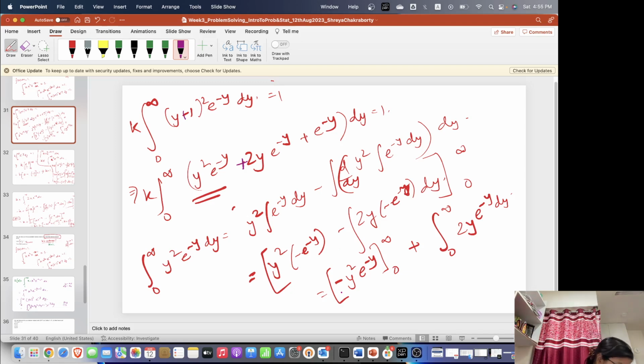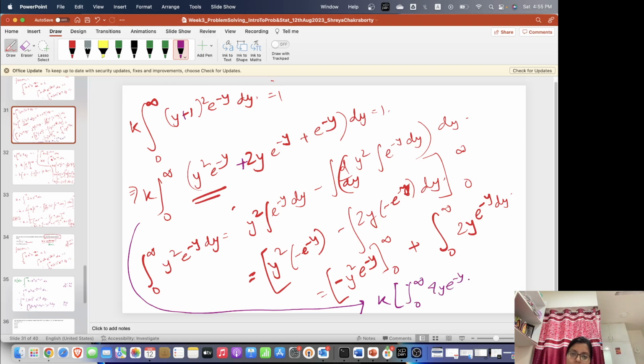So if I have to correct this one, this was also plus, right? So from here we have k, 0 to infinity 4y e to the power minus y plus e to the power minus y dy.